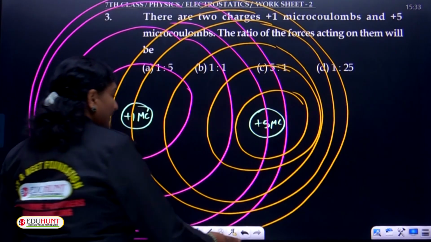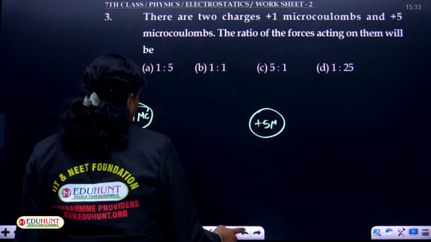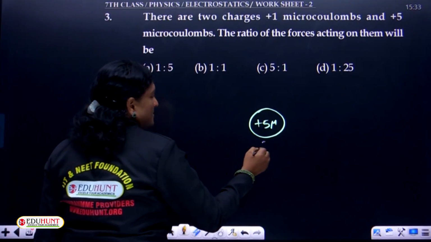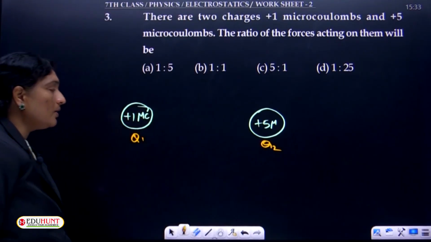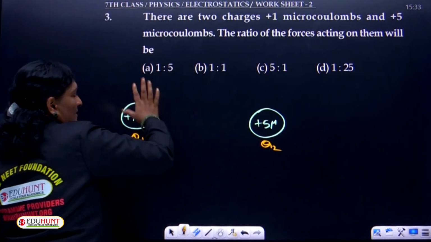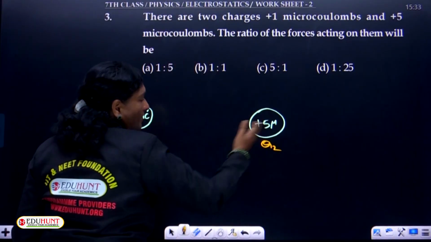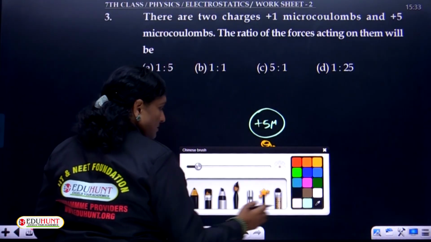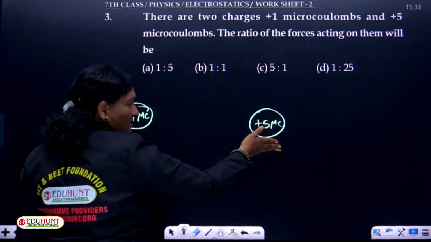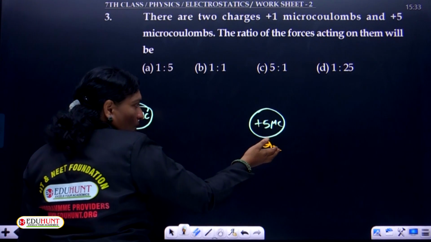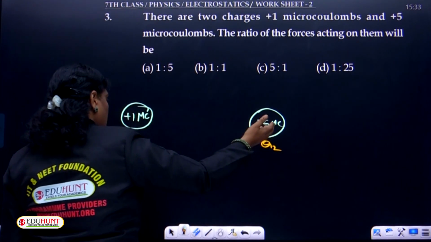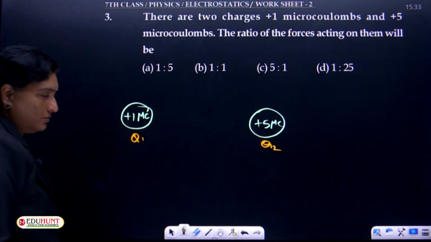Okay. That means, as we clearly know, let us suppose that this is charge Q1 and this is charge Q2. Very clearly, the force exerted by charge Q1 on charge Q2 is equal and opposite to the force exerted by charge Q2 on charge Q1.